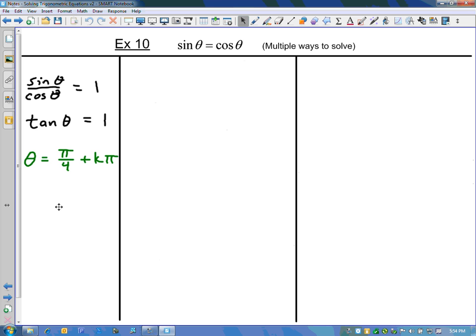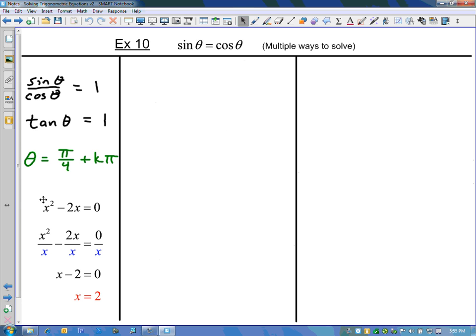For example, let me show you what can go wrong in an algebra problem here. Let's say we had this equation, x squared minus 2x equals 0. Well, if we were to divide through by x, then it would reduce to x minus 2 equals 0, and therefore x equals 2. Well, that's one of the solutions, but in doing that, we dropped the other solution, which was 0.